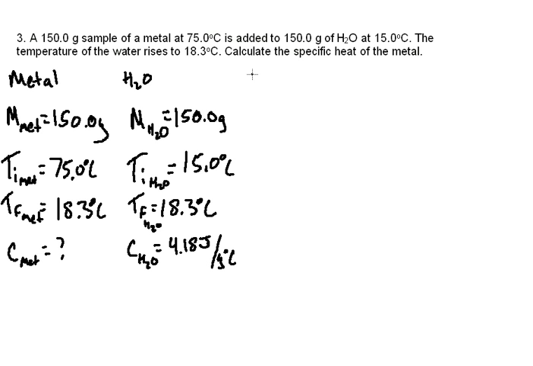We're going to take our Q of the metal is equal to negative Q of our water. The amount of heat that the metal loses is equal to the amount of heat that the water gains.